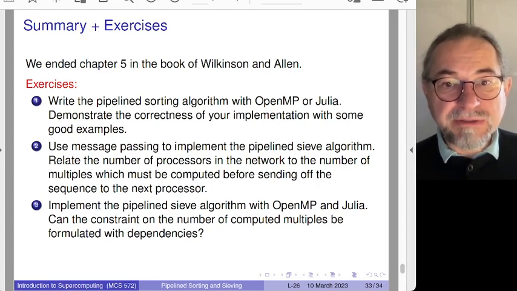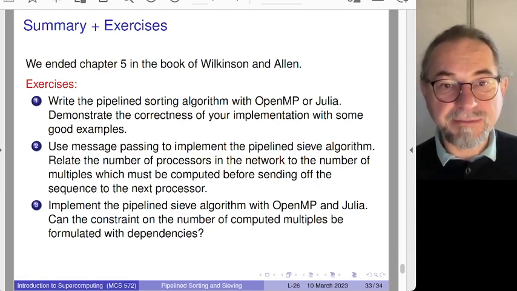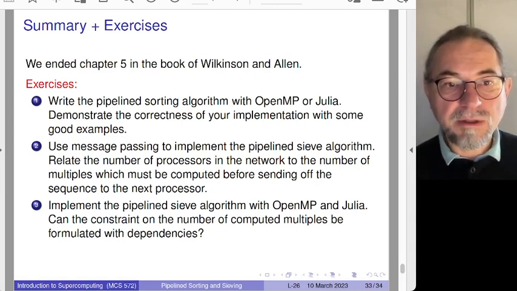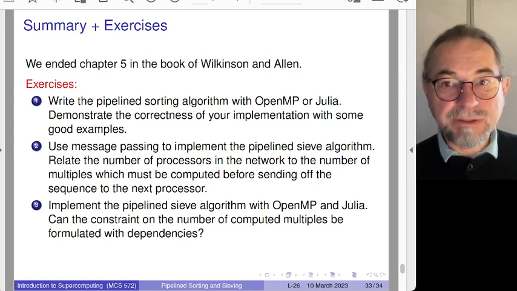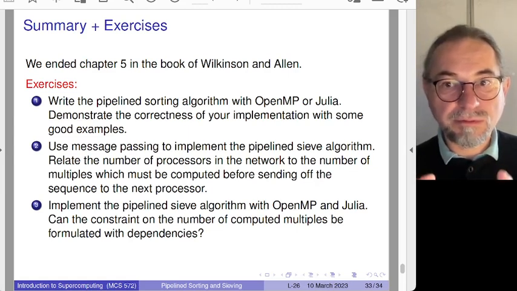The pipeline sieve algorithm, one can also implement with shared memory. We've seen how to formulate the task dependencies both in OpenMP and Julia. So this is another illustration of the need to formulate this.